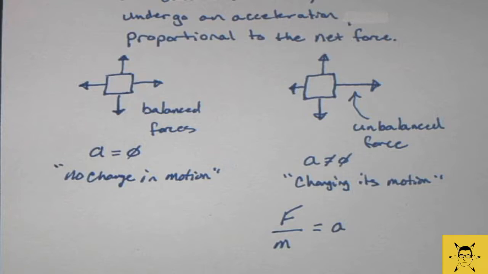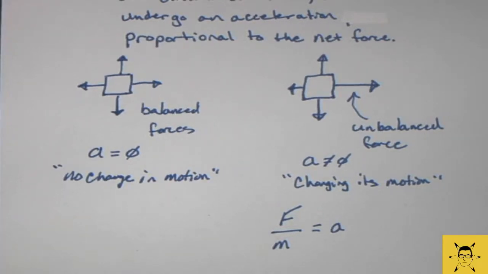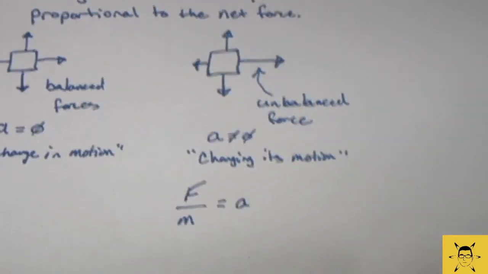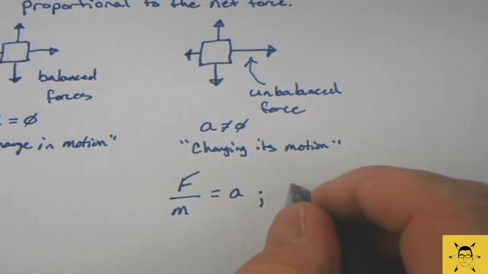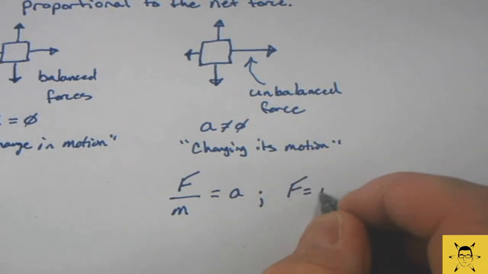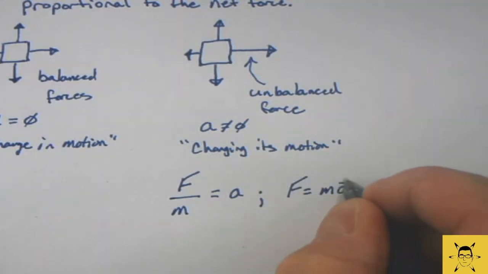But we don't like to write it like this. We don't like fractions. Typesetters like writing everything on one line. And so what this really is, the most famous equation in all of physics, is that force equals mass times acceleration.